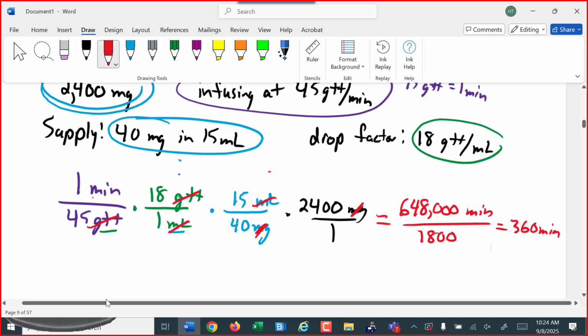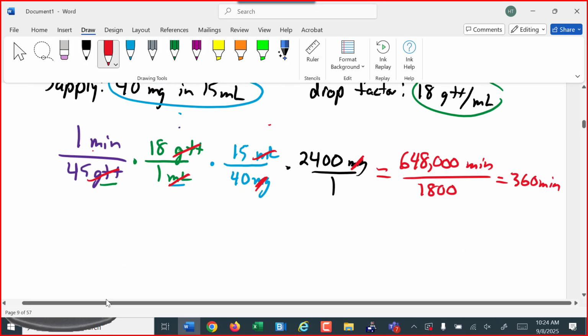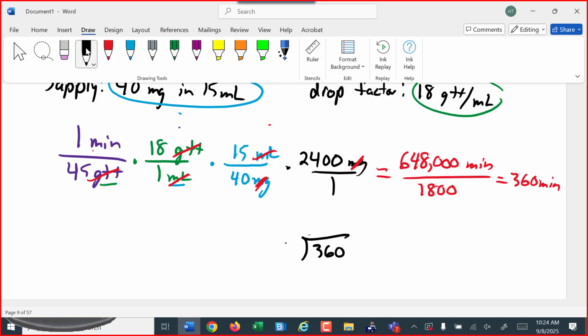And of course, we could leave that as minutes, or we can convert it to hours. When I convert minutes to hours, I like to do long division so that I have the remainder rather than a decimal. Here, however, 60 goes into 360 6 times. So 360 minutes is just 6 hours.